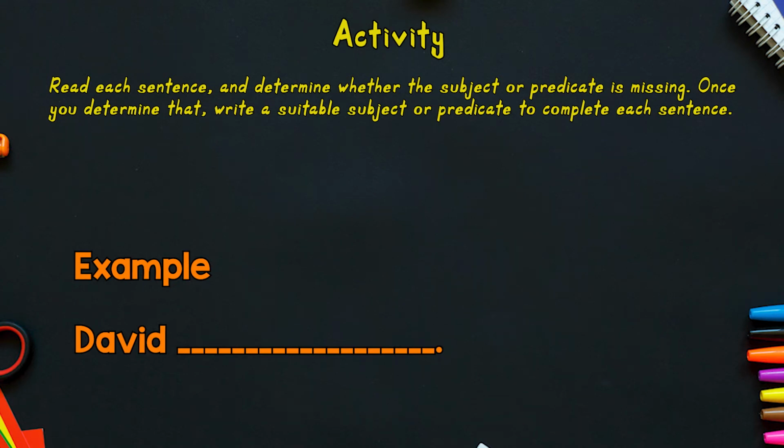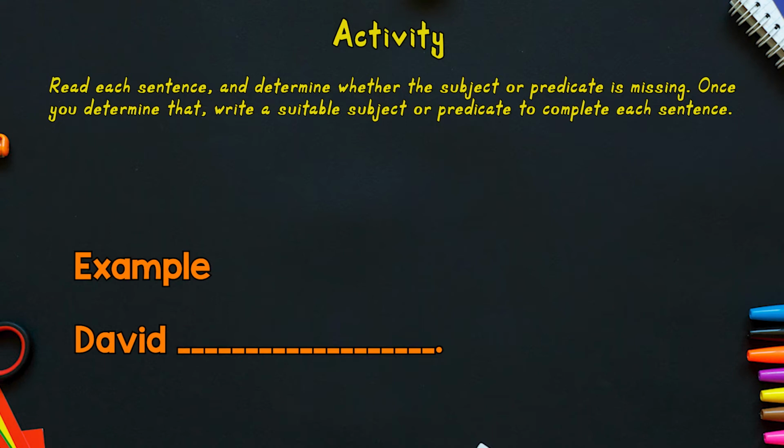Now let's look at a simple example. David blank. Now we have to complete this sentence, but we need to figure out whether David is the subject or the predicate. From our discussion, we can conclude that David is the subject, meaning that the sentence will be based on David. It therefore means that the predicate is missing.